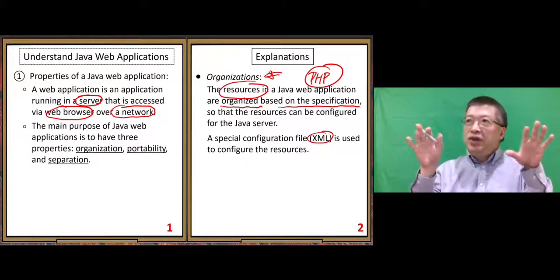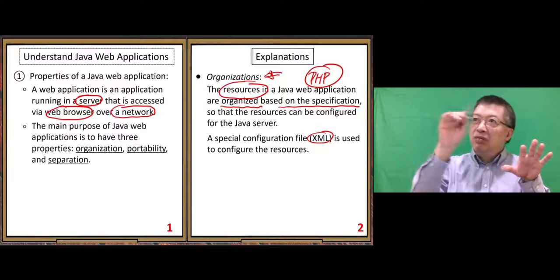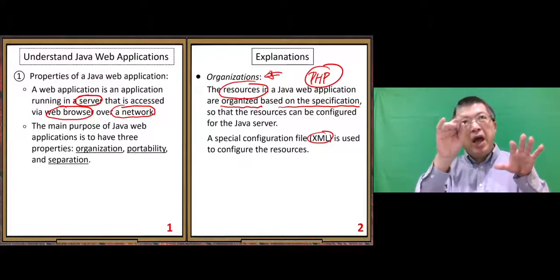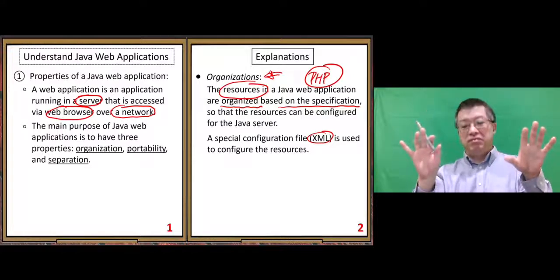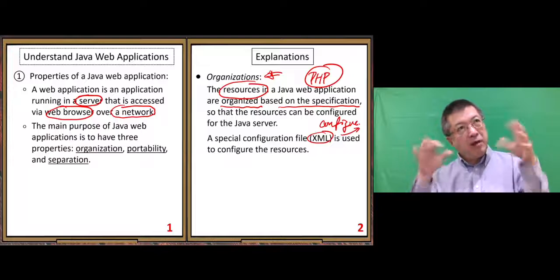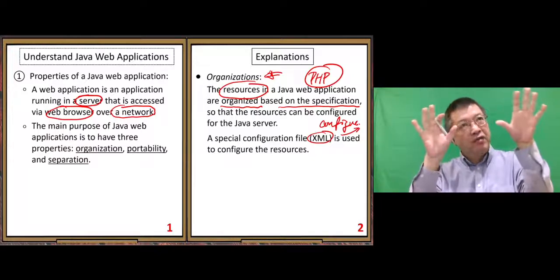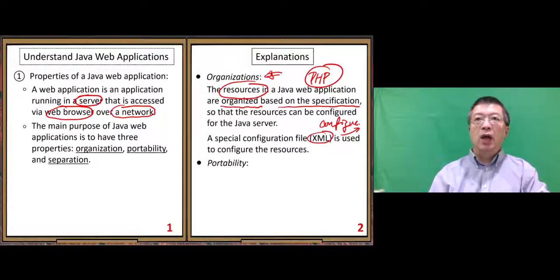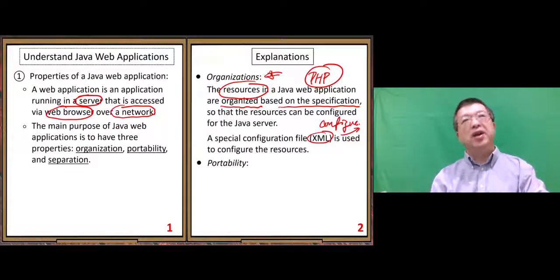And when you have some special resources, you need to write XML configuration. You use XML style to configure your resources. So we will see that later in our examples. All right. Next one, portability.